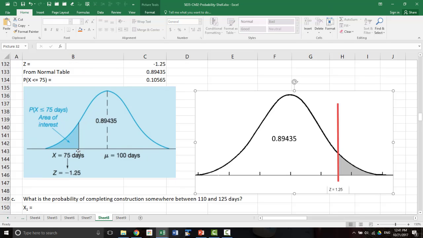So this area is the same as that area with Z equal to 1.25. If you look up the normal table for Z equal to 1.25, this is the probability you will get. So that will be 1 minus 0.89435. Then you have the probability that you need.